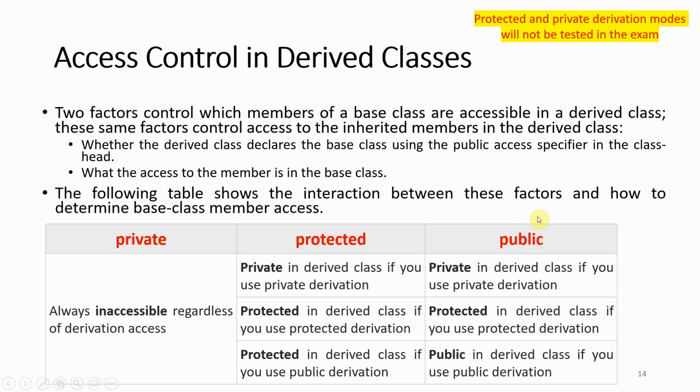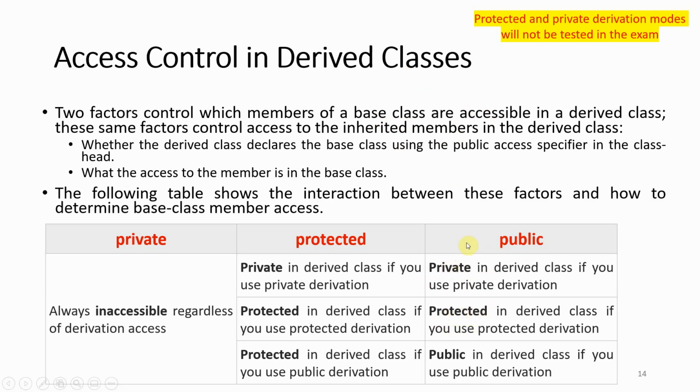Public is the least strict access mode, right? So if the derivation access mode is private, private is way more strict than public. It's like a much tighter filter than public. So everything is going to be inherited in the private mode.